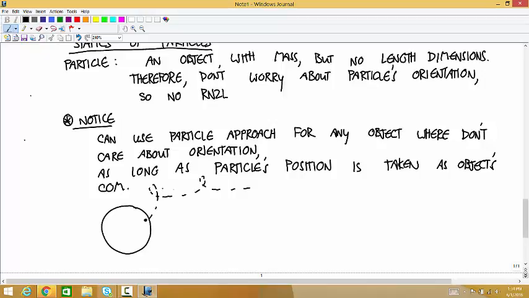The reason it wouldn't work is because you'd be treating the particle's location as a point other than the object's center of mass. So you have to follow the center of mass. If you track that, it does exactly what you'd expect it to do.